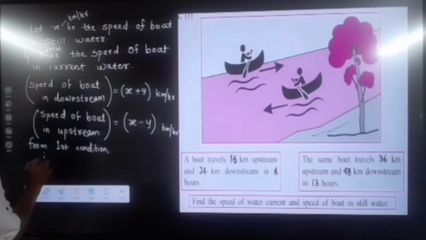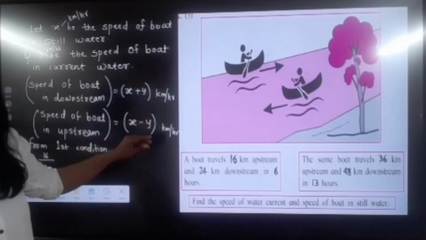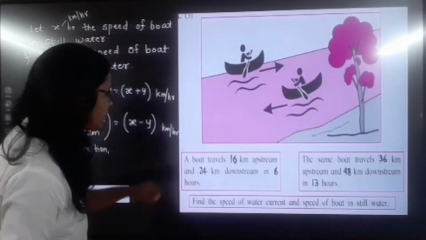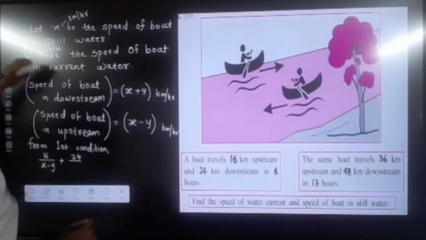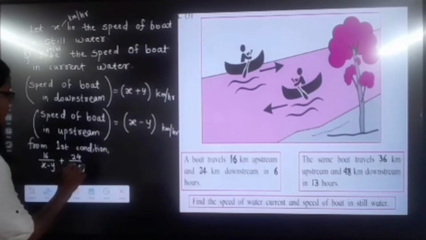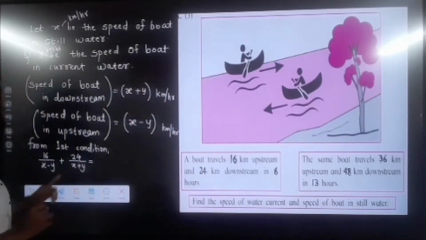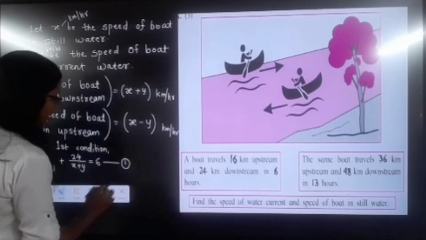So distance is 16, and for upstream the speed is x minus y. So I write 16 upon x minus y, plus distance 24 kilometer going downstream, so downstream it is x plus y, and this is covered in 6 hours, so it is equal to 6. Consider it as the first equation.